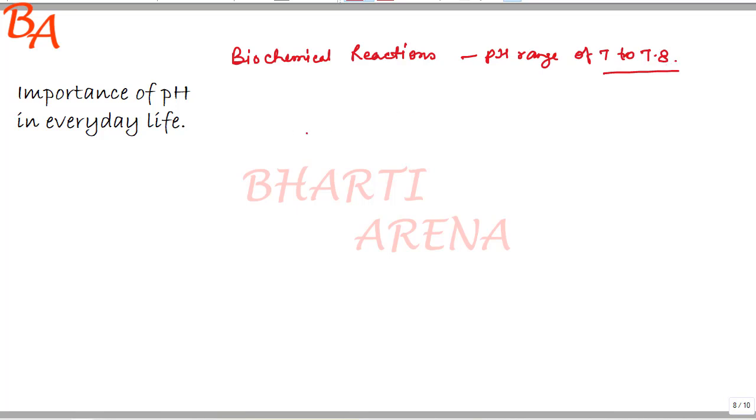When the pH of rain falls below 5.6, it is called acid rain. It creates difficulty to plants and aquatic lives to survive.